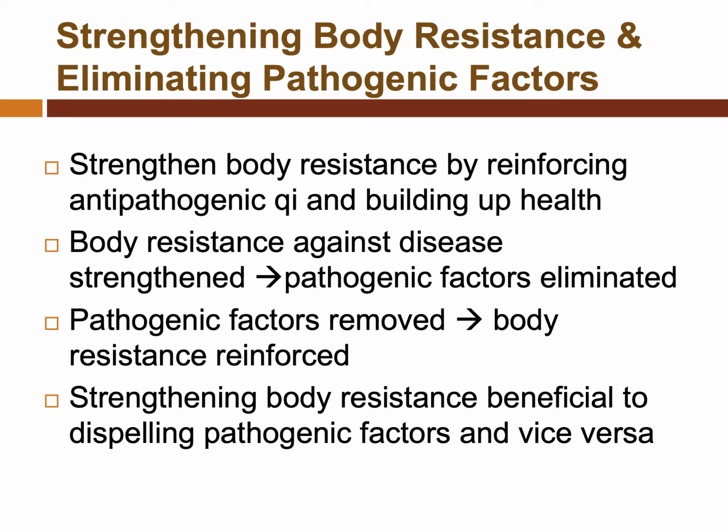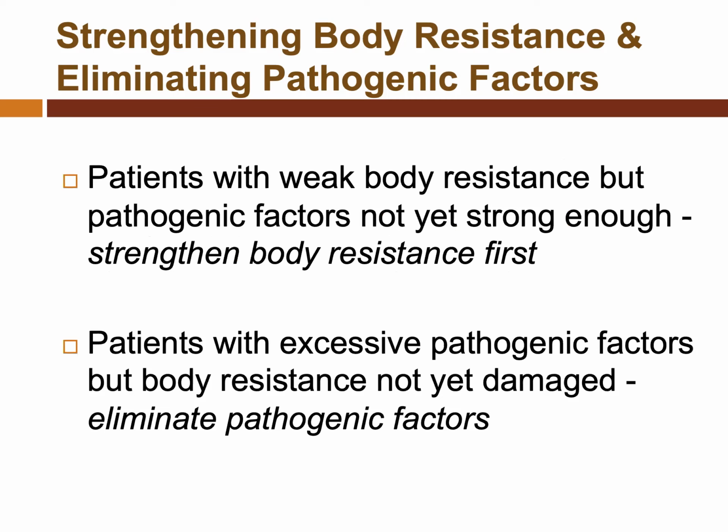So if our body resistance against disease is strengthened, pathogenic factors can be easily eliminated. When pathogenic factors are removed, in turn, body resistance is reinforced. Thus, strengthening body resistance is beneficial to dispelling pathogenic factors and vice versa.